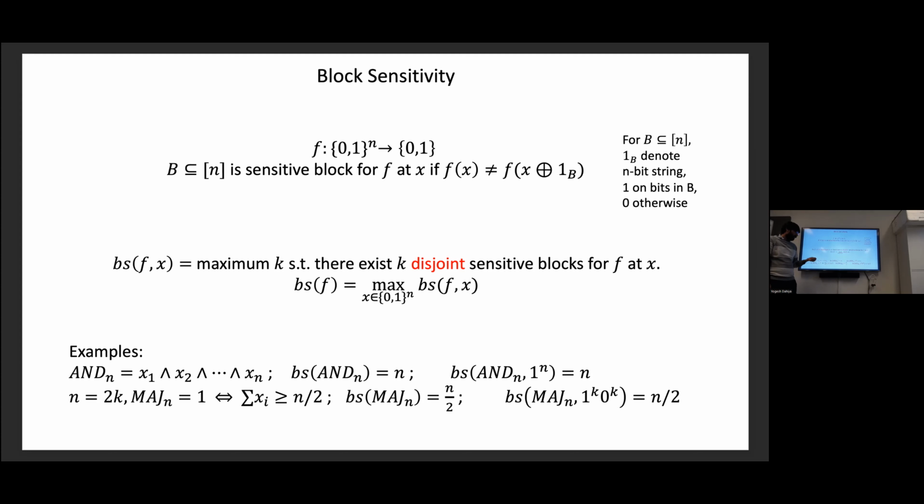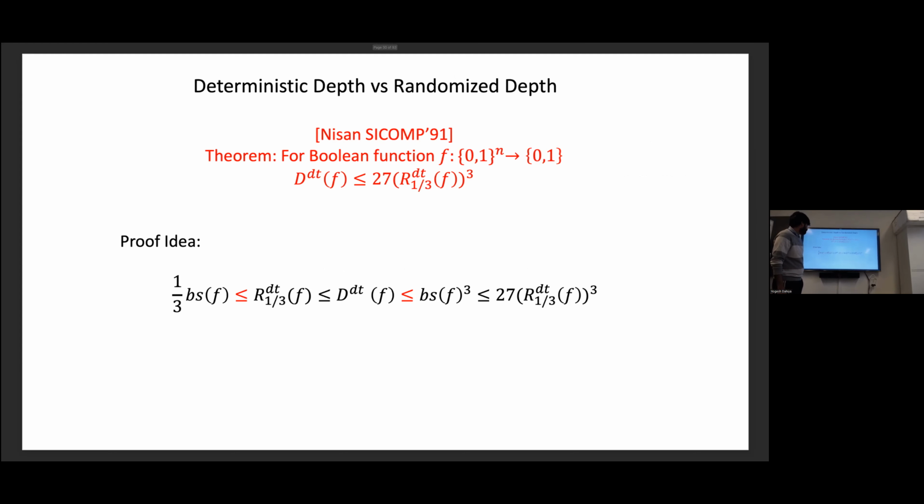Similarly for majority, if half of the bits are 1 and half are 0, and you flip any 1 to 0, the majority won't be there and the function value will change. So in the case of majority, again, the sensitivity is of order n. And sensitivity is always a smaller measure than block sensitivity, because you can always choose size-one blocks.